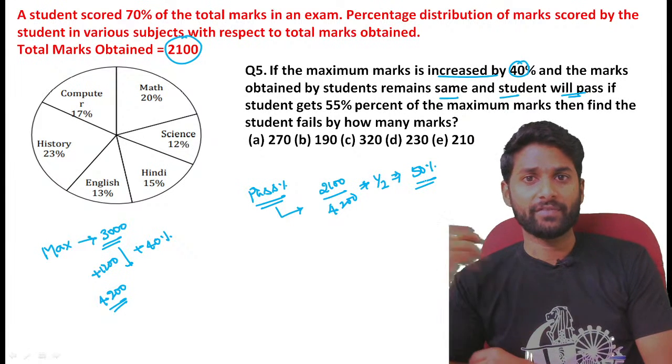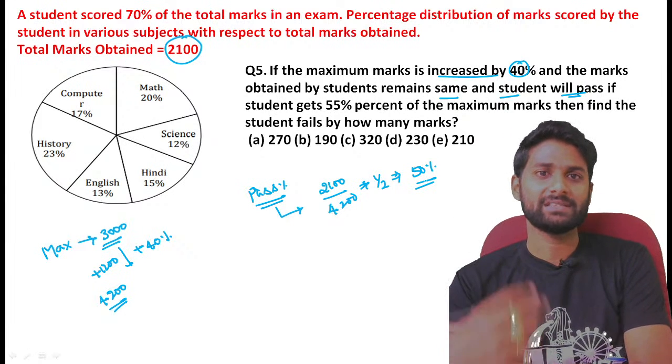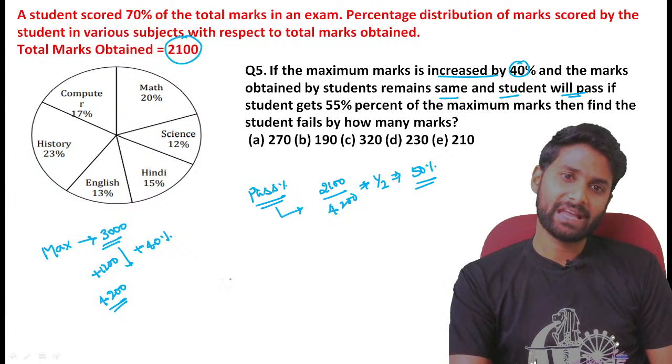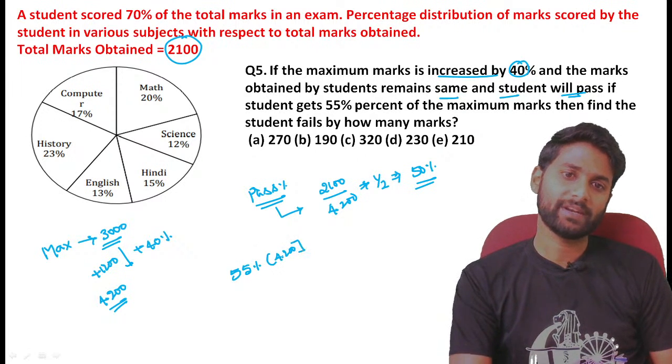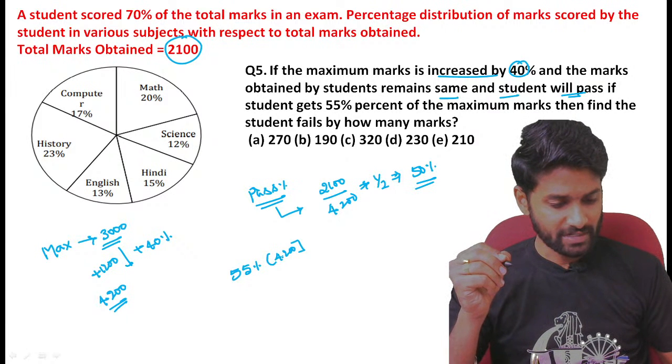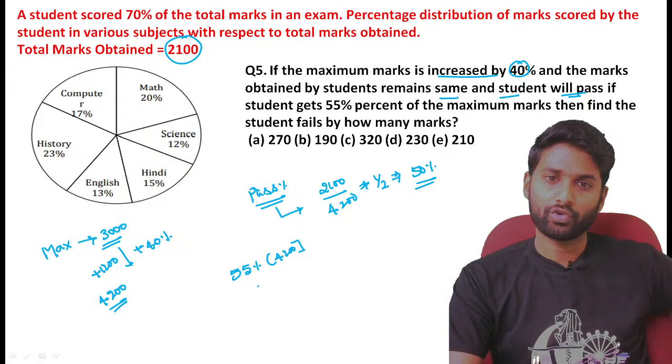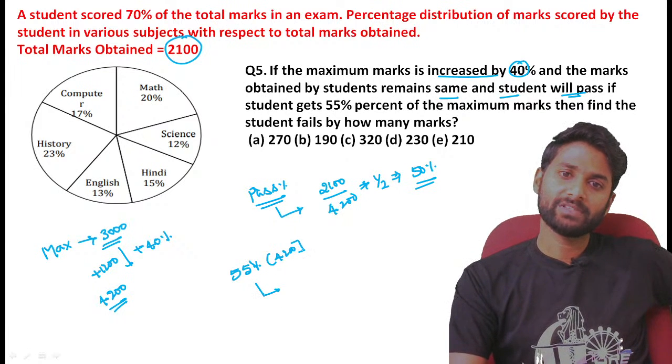If a student gets 55% of the maximum marks, then find by how many marks the student fails. Now just calculate 55% of the score, guys. 55% of 4200. You just calculate 55% of 4200, which means see, the percentage double zero cancels. So 55 into 42 means 42 of the value means 2100 and 210.